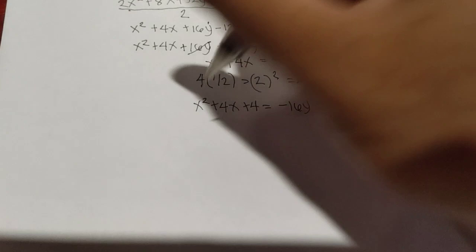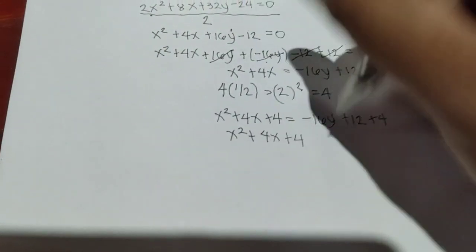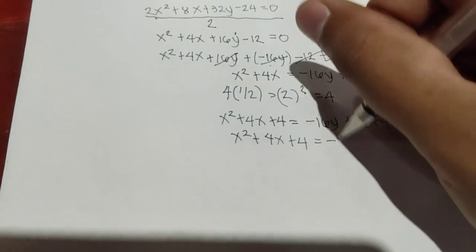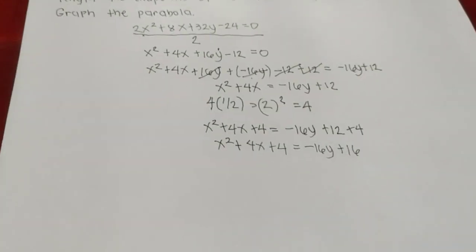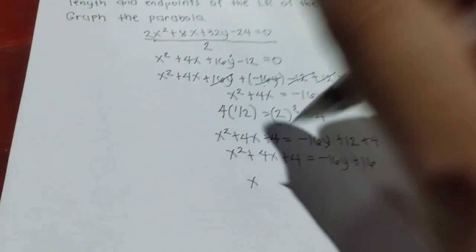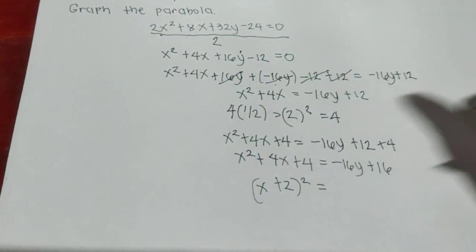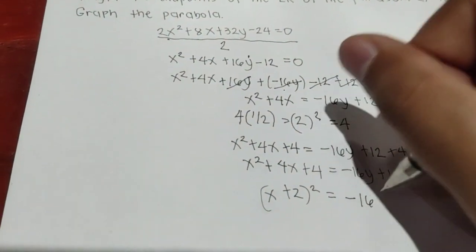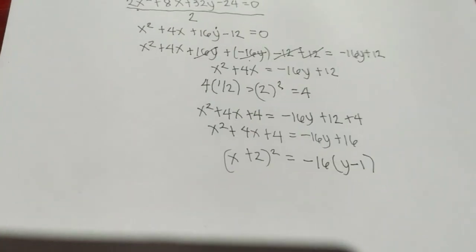Then we have x squared plus 4x plus 4 is equal to negative 16y plus 16. And then we factor both sides of the equation. So we have x plus 2 squared is equal to negative 16y minus 1.